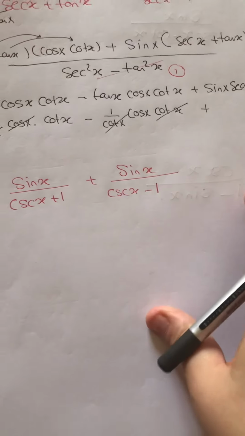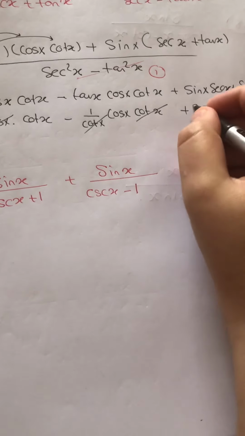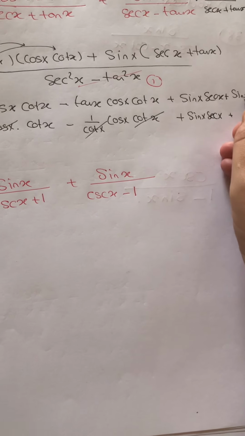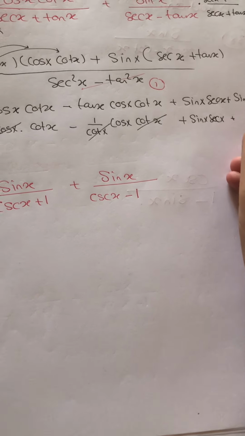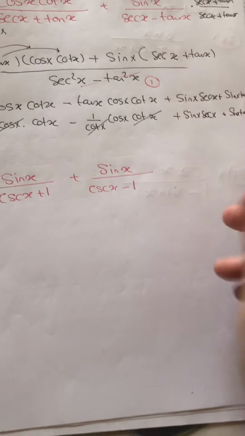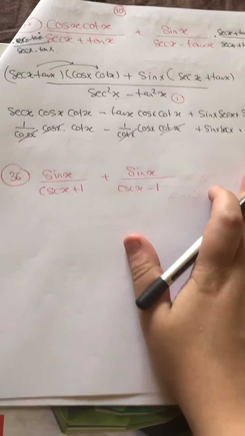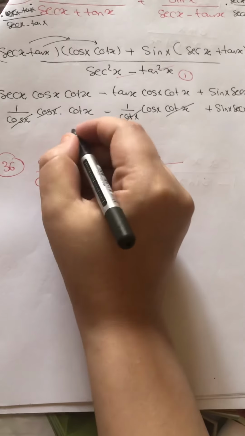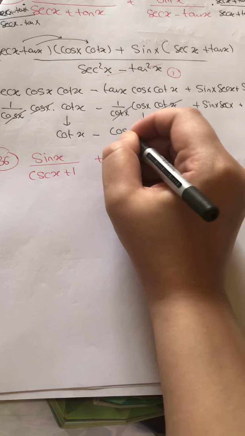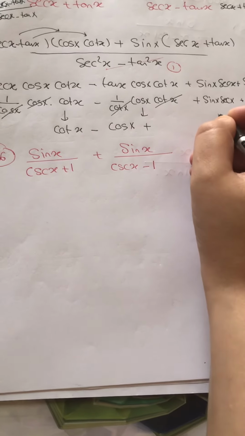Plus, what else do I have? Sine x sec x will not cancel each other because this is 1 over cosine. And here tan is also sine over cosine. So nothing will happen, no need to rewrite it or find the quotient identity over here. What am I left with? This cotan x, this cosine x, plus what else?